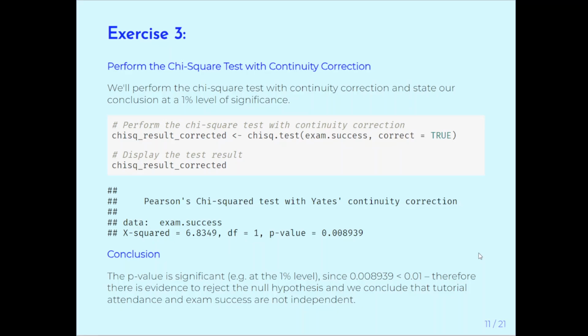And there we go. We set it up and show the object. Pearson's chi-square test with Yates continuity correction. The key thing there is the p-value, 0.008939. The p-value is significant at a 1% significance level, because the p-value is much less than 0.01. Therefore, there is evidence to reject the null hypothesis, and we can conclude that tutorial attendance and exam success are not independent. So it does have a bearing on whether or not you pass your exams if you go to tutorials.